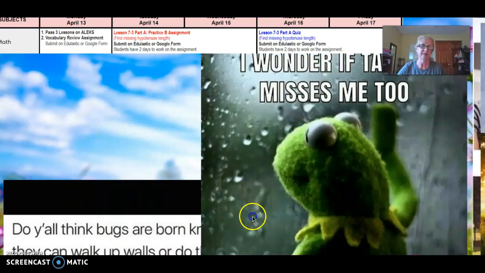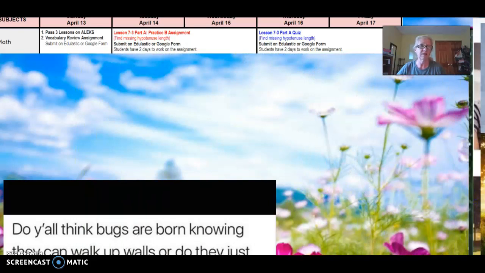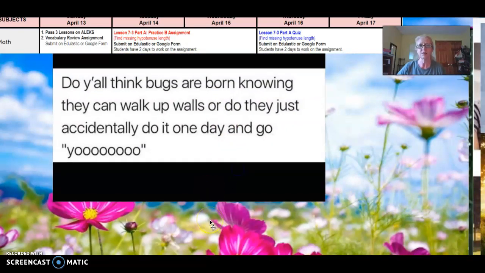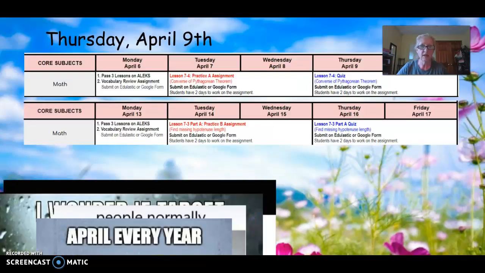I miss you, Target. Still love my Kermit. This one was kind of funny. Do you think bugs are born knowing they can walk up walls, or do they just accidentally do it one day and go, yo? See, that's my dog barking at people out riding bikes and roller skating. She will probably bark more than once.